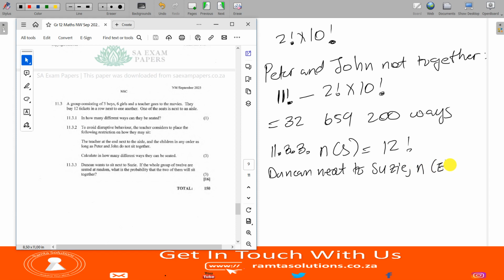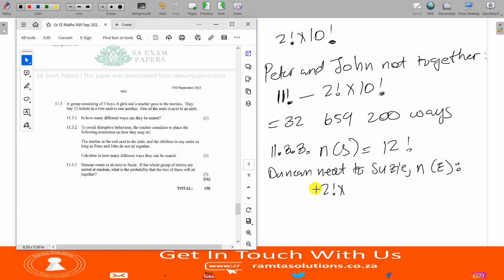Okay. So Duncan and Susie will be, let's see, Duncan and Susie 2. Duncan can sit to the left, or Susie can sit to the left. Duncan can sit to the right, and even Susie can sit to the right. So there are 2 ways of arranging them, right? 2 factorial. Okay? Perfect.